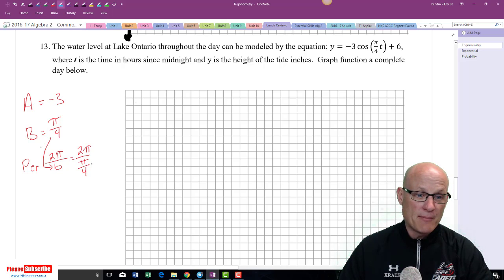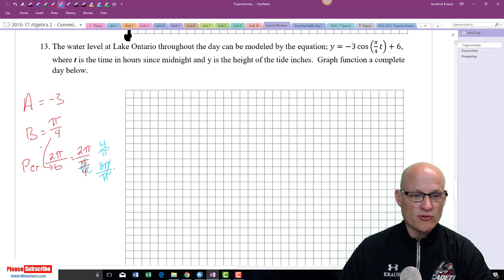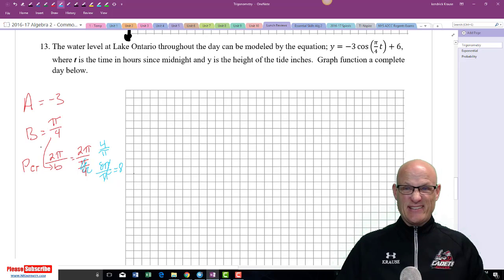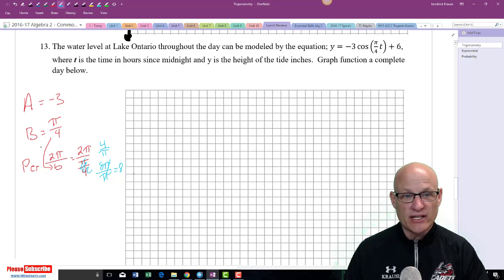So I'm going to multiply by 4 over pi. Now, when I do that, I get 8 pi over pi. I'm sorry, my brain cramp right there. So the pi's cancel, so my period is 8. It's going to finish a full sine curve in 8.